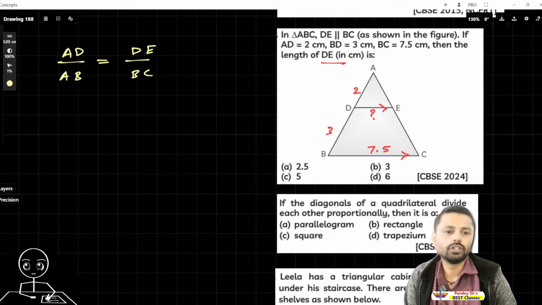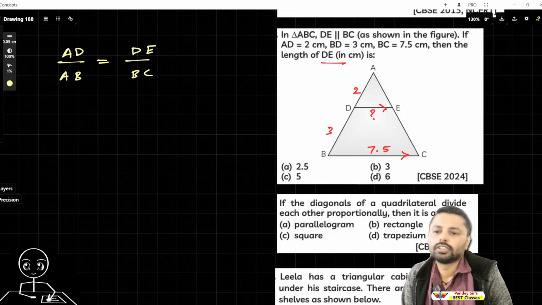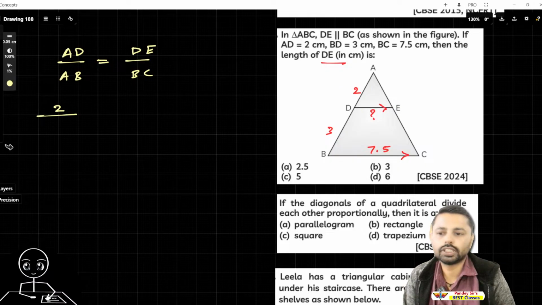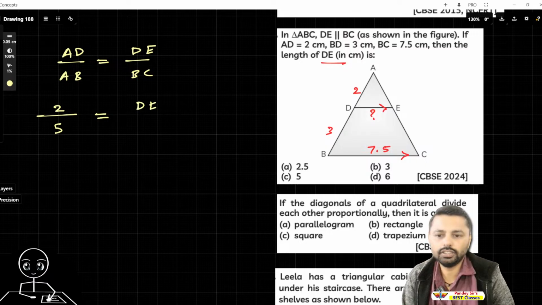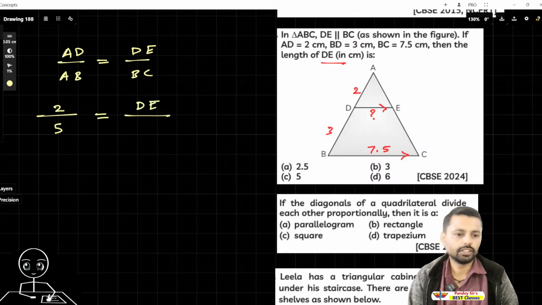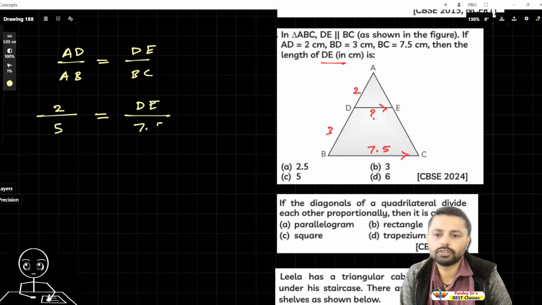AB value we don't have, so let's find out. AD value is 2, and we just add these 2 and 3, so AB is 5. DE we don't have. And BC is 7.5.